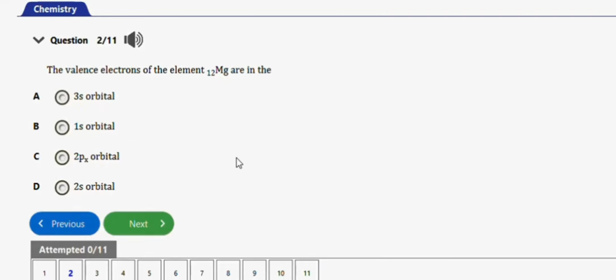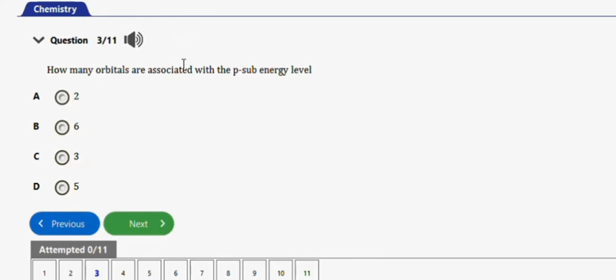Okay, very important. The next repeated question will be this one. It says how many orbitals are associated with the p sub energy level? So the p sub energy level has 3 orbitals. Very important, guys. Take note of these, whereas the 3 orbitals are filled up with 6 electrons, whereas the d sub energy level has 5 orbitals, which are filled up with 10 electrons.